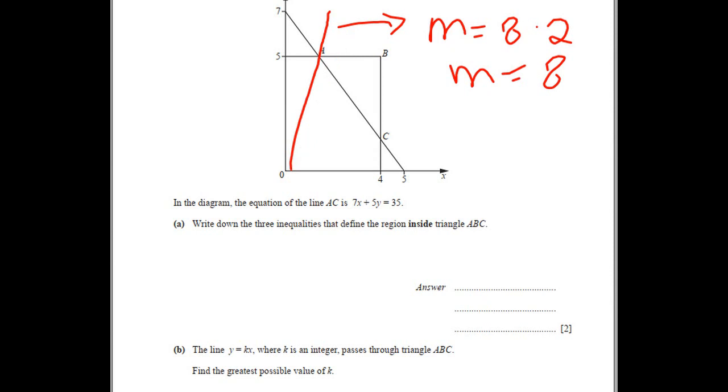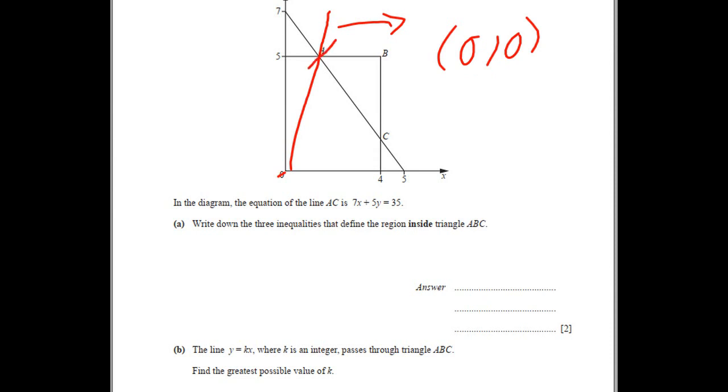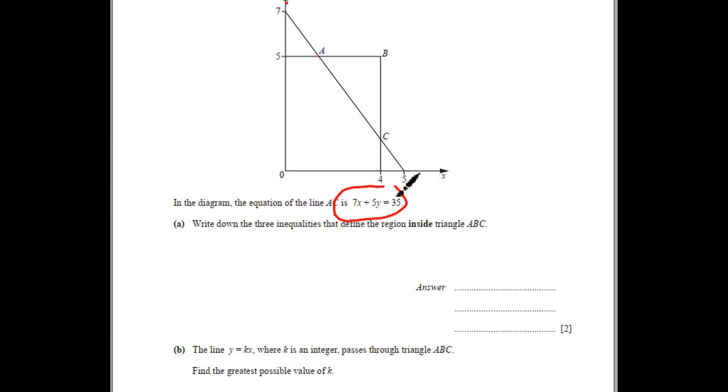Alright, so how do I find the slope of the line I've made? I have one coordinate of that line, which is 0, 0. From here I need the other coordinate A. How do I find the value of A? Let's see what information we are given in the question. We have the equation of this line, 7x plus 5y is equal to 35, and I have the y coordinate of A. A's y coordinate is 5.